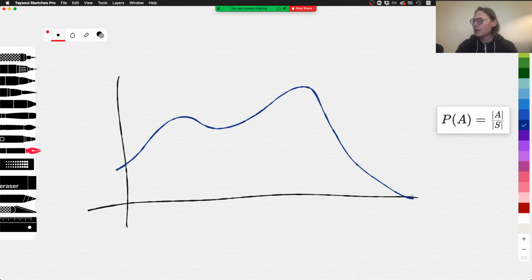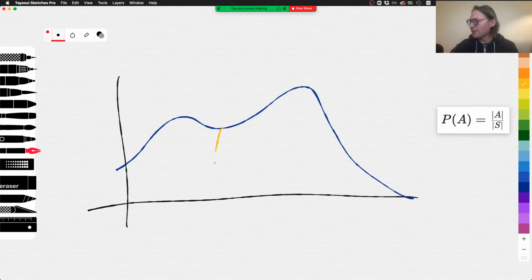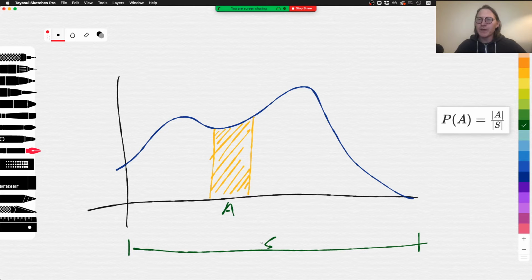that, okay? Now, if we're trying to discover the probability of getting a value between this and this, then instead of thinking about the cardinality, let's say that this section, we name it A, right? This section is A, and this whole section is S. At this point, we're not really thinking about the cardinality, right?